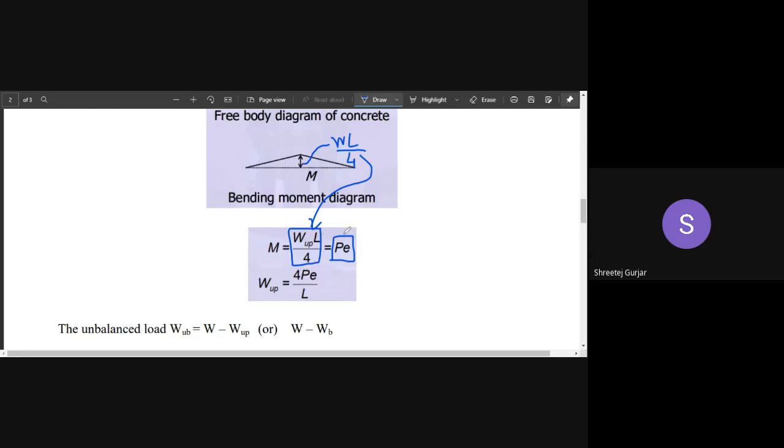So we have equated both of these, and we have calculated WUP. L will come at the bottom, 4 will go at the top. So WUP is equal to 4PE by L. So this is for our singly harped tendon. When we have a single concentrated load acting at the center of your span, we can use this formula to calculate your upward thrust, WUP or WB.